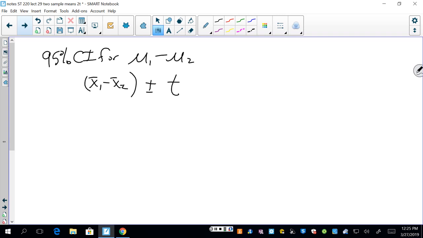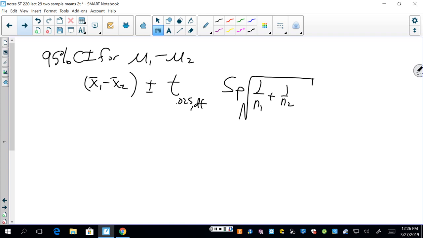We're estimating that standard error based on the sample. The 0.025 thing, we have some degrees of freedom we have to use in there. And then we need the standard error: s pooled times the square root of 1 over n1 plus 1 over n2. And that ends up being our standard error.